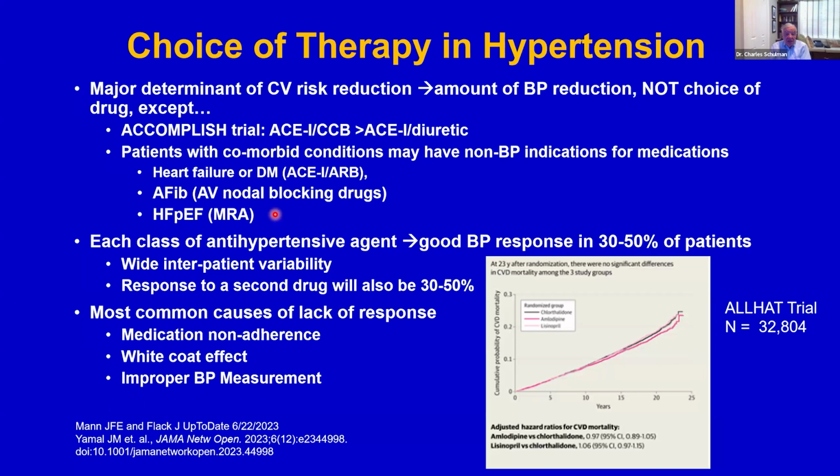spironolactone may be indicated. Each class of antihypertensive agent gives a good blood pressure response in something like 30 to 50% of patients. There's a wide variability, and the response to the second drug will be in a similar ballpark.